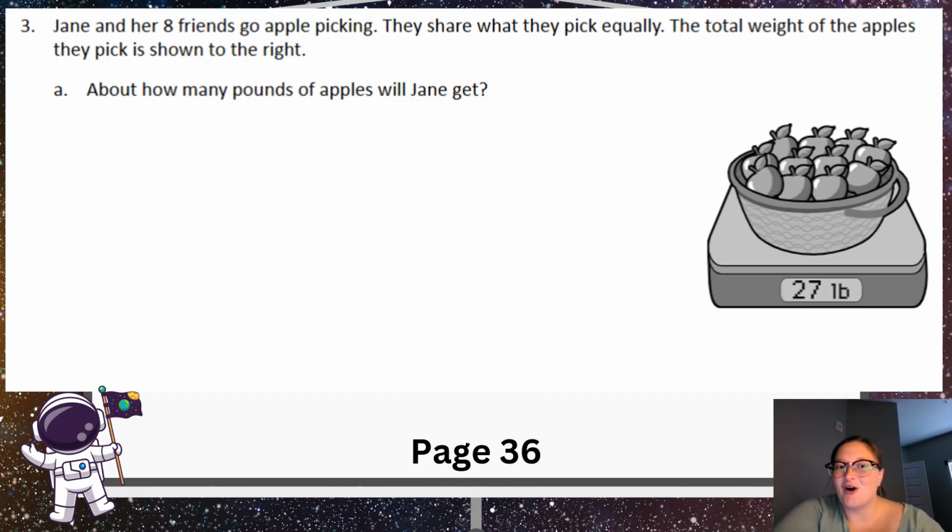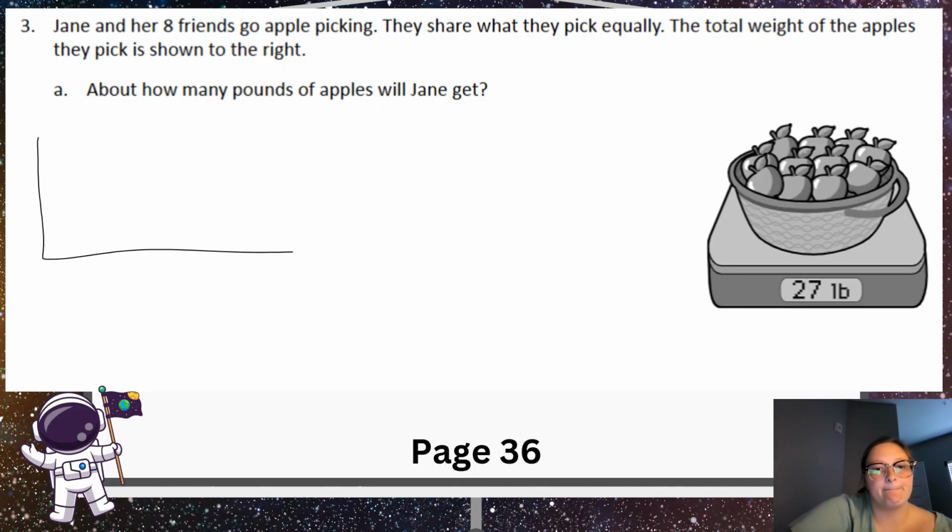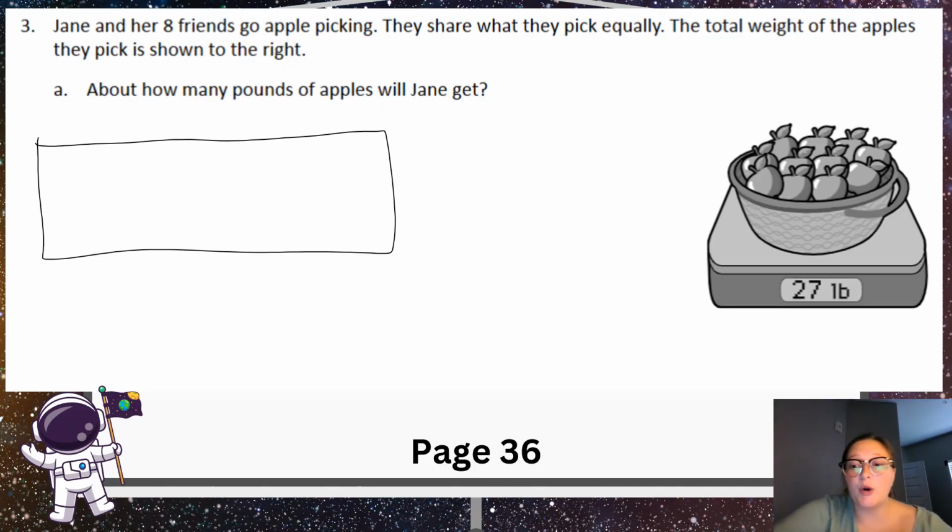We know that there are 9 total people picking apples because it is Jane and her 8 friends. And then we can see, based on the scale, that they picked a total of 27 pounds of apples. Let's draw a strip diagram. We're going to split our strip diagram into 9 groups since there are 9 people.